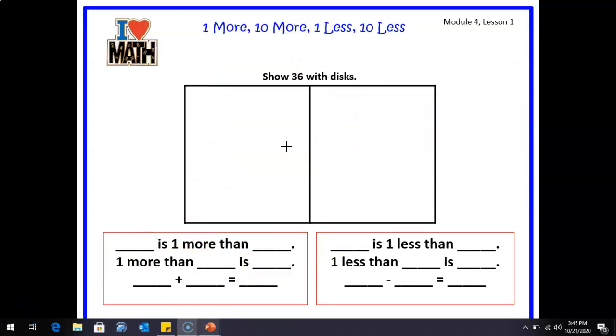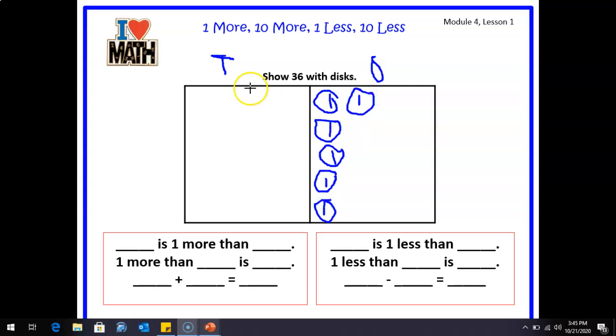Same thing again. I'm going to draw 36. Remember, I label my place value chart. And I write 6 ones, 1 1, 2 ones, 3 ones, 4 ones, 5 ones, 6 ones.